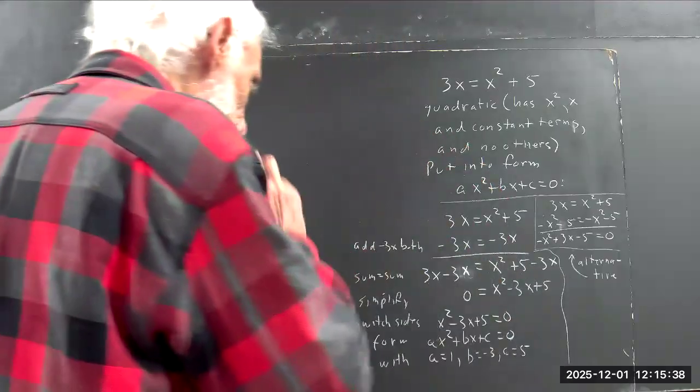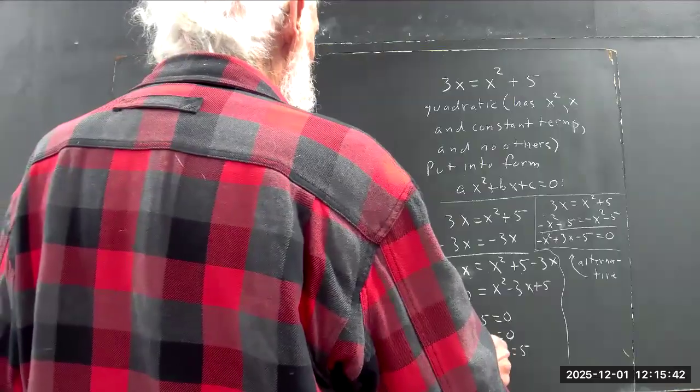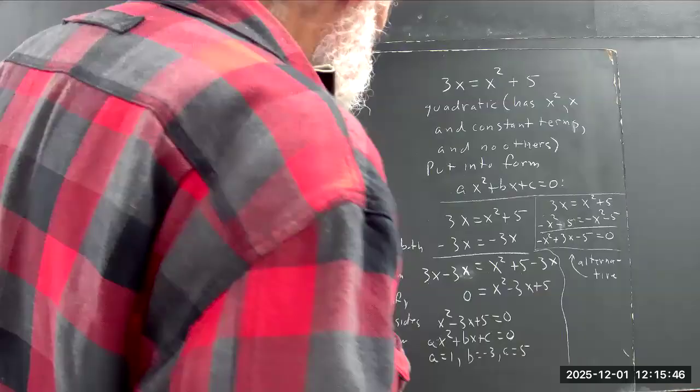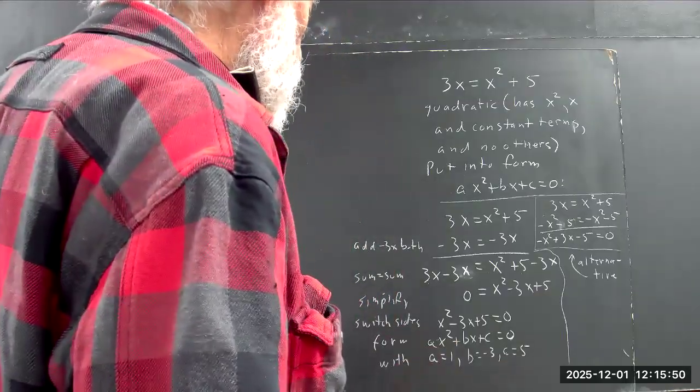And I recommend that you write this down. You remind yourself that this is of the form ax squared plus bx plus c equals 0. And then you identify the values of a, b, and c.